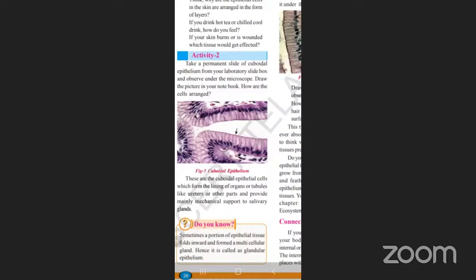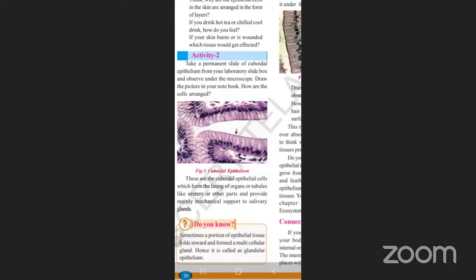Directly you will have the permanent slide in your laboratory. We keep those slides in the slide box because they are glass material. You have to collect that particular slide from the slide box and observe it under the microscope directly. Here no need to prepare; it is already prepared.